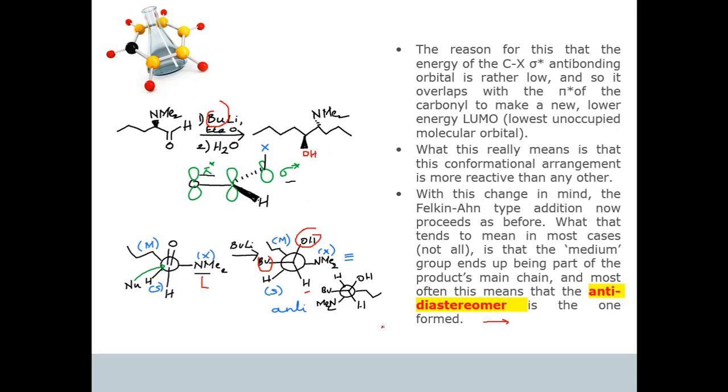So you can see here my OH and my N-dimethyl group, they are anti to each other. Okay, so I'm just redrawing this structure. So when I redraw this structure, I end up with an anti-diastereomer.